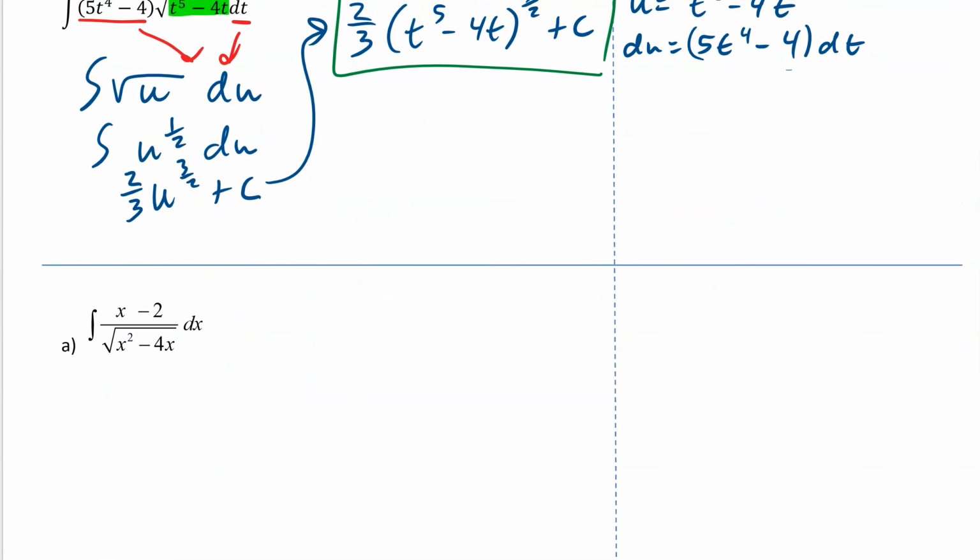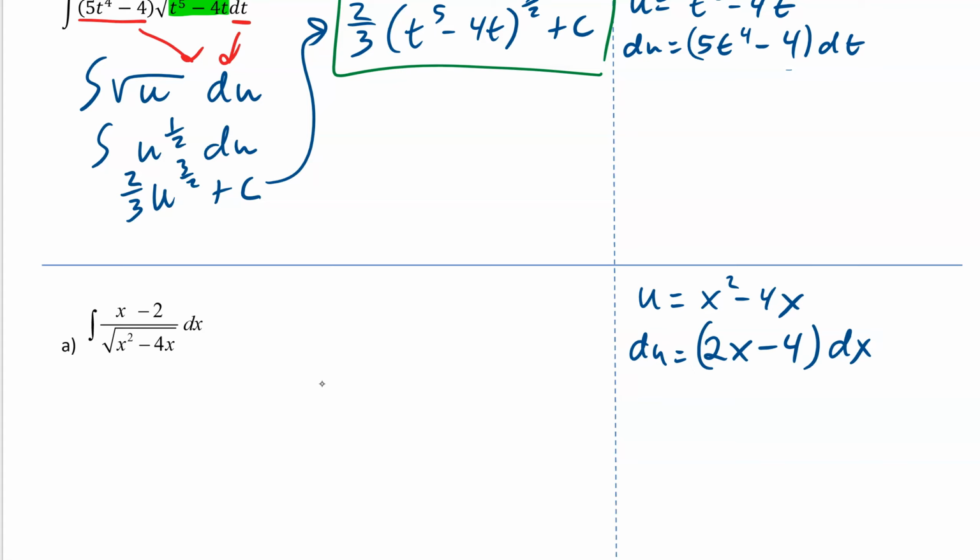So we have an outside and inside. Let's see if you can figure out what the u would be. Exactly, the x squared minus 4x. So if I take the derivative of it, it's going to give me something similar to that. And so it's not exact, but it is similar.